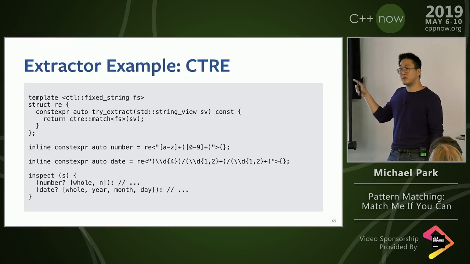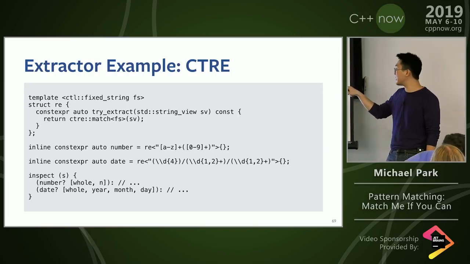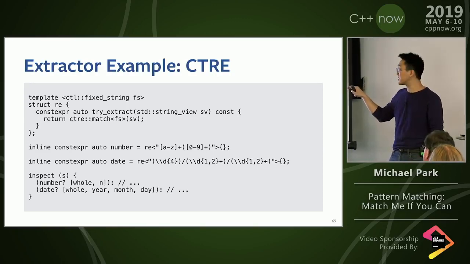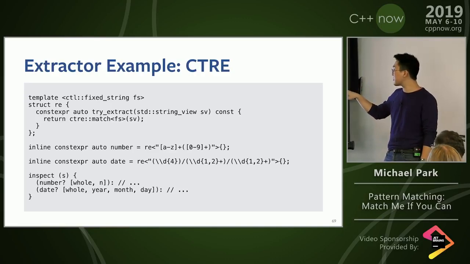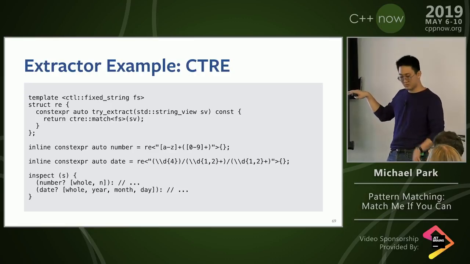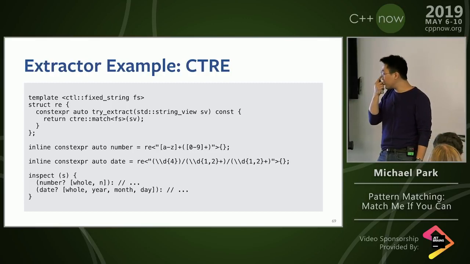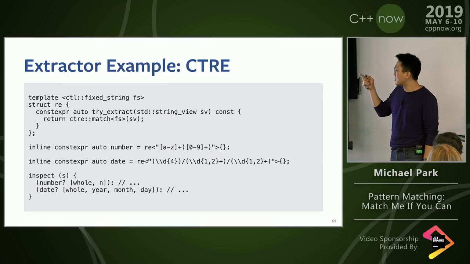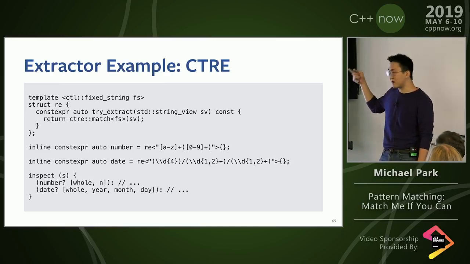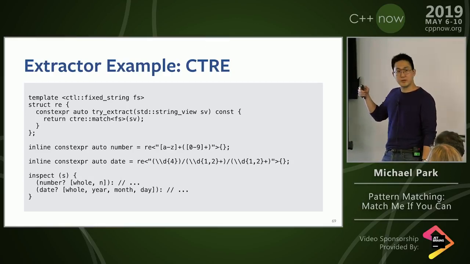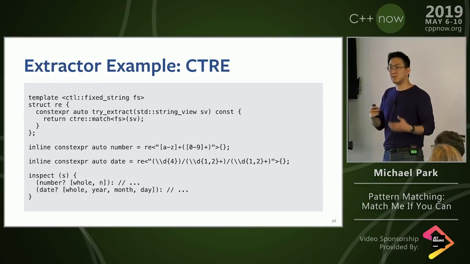We can create two of these, right? We can say RE of this regex, which is the number matching regex, and then another RE with date, which would give you the date matching regex. And then you can put it into an inspect and use it as an extractor. So you can say number question mark, which would call number.try_extract of the string, which will then go through CTRE machinery, and then what will come out is a fixed size container of the matches.